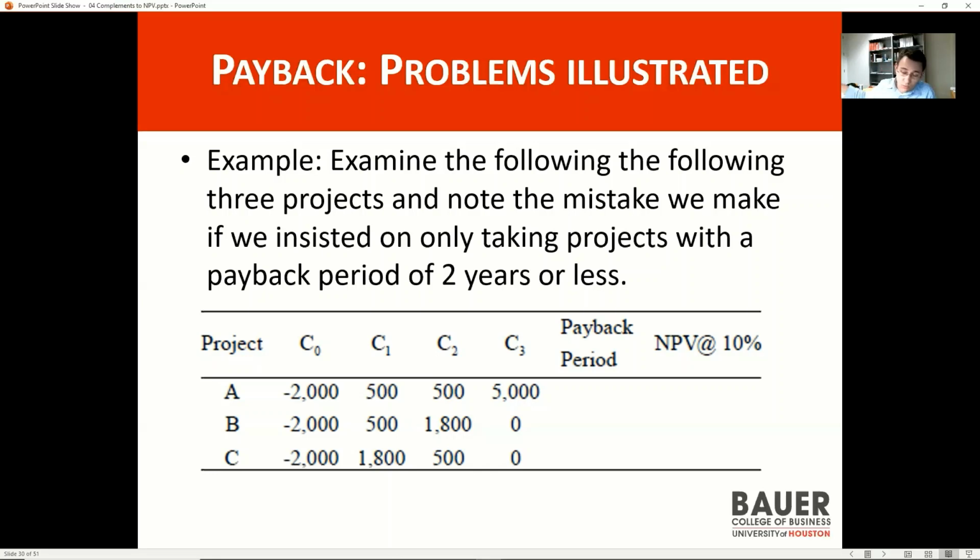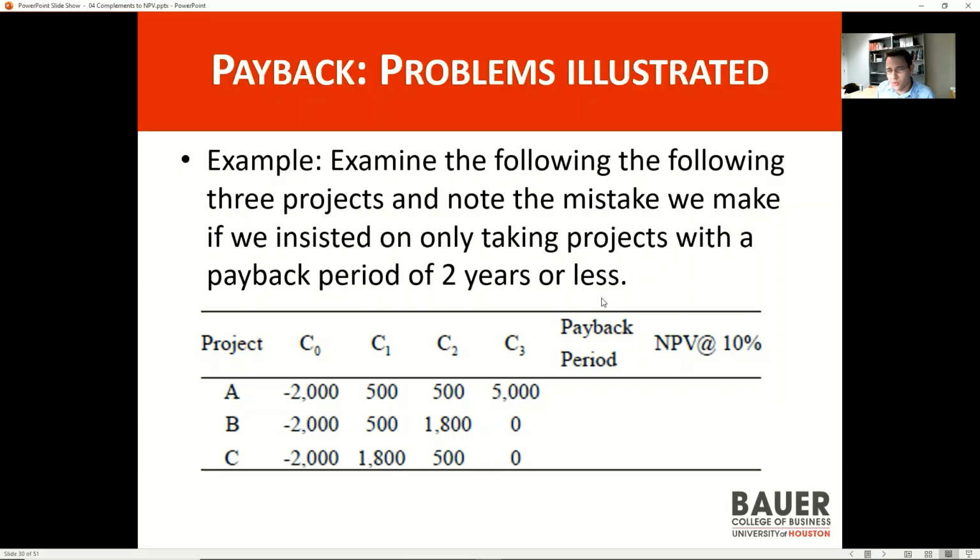Right? If you can just raise money whenever you want to for good projects, then payback period doesn't make a lot of sense. Okay, because it ignores time value of money and all these things. If you can raise money easily, you probably shouldn't use payback period. But if it's very hard to raise money, then you want to make sure that you've got some cash for when a good project comes along. Okay?